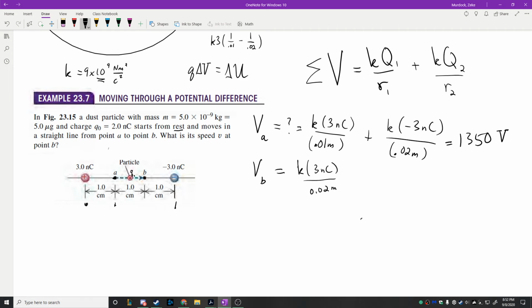At point B, you're 0.02 meters away, and then over here it's 0.01. Same but negative, right? Yeah, has to be. All you're doing here is changing which one's the denominator, so it's going to work out that you get negative 1350.